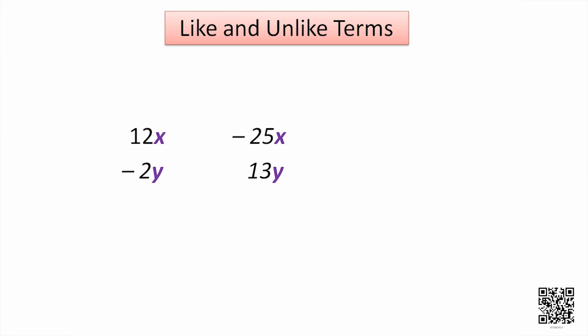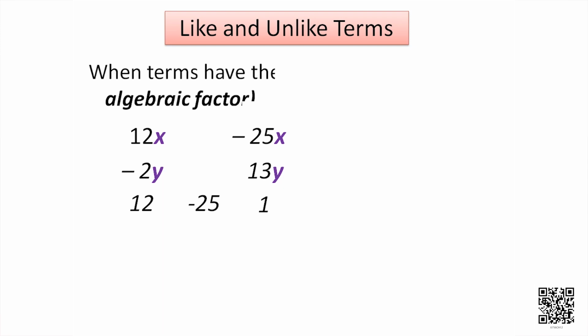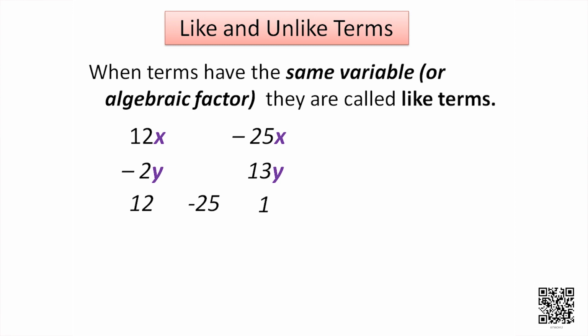Both the variables are the same. Let us see another: 12 and minus 25. These do not have any variable. So when we have the same variable in the terms, we call them like terms, or we can say when terms have the same variable, they are called like terms.